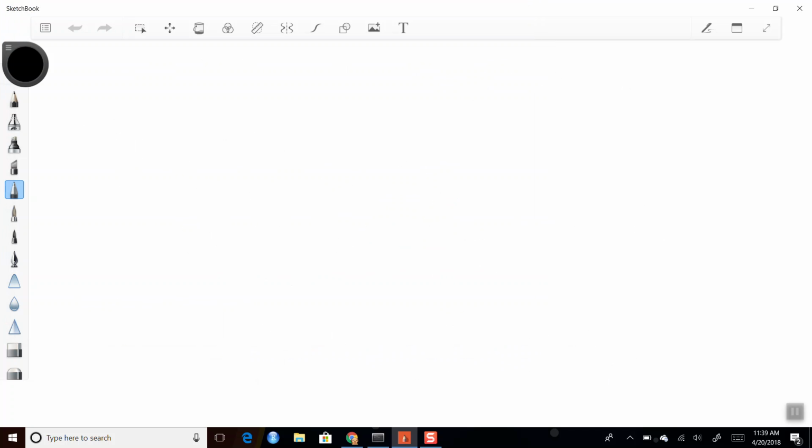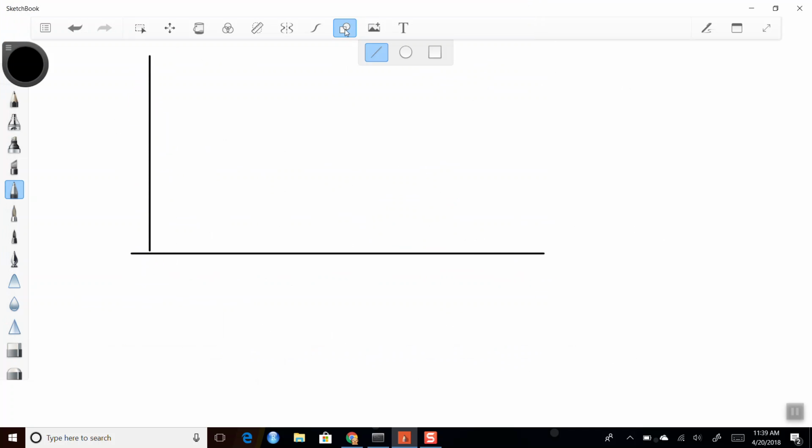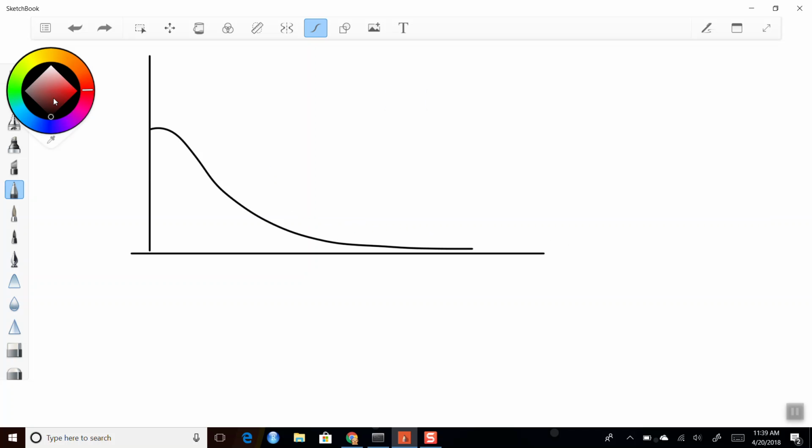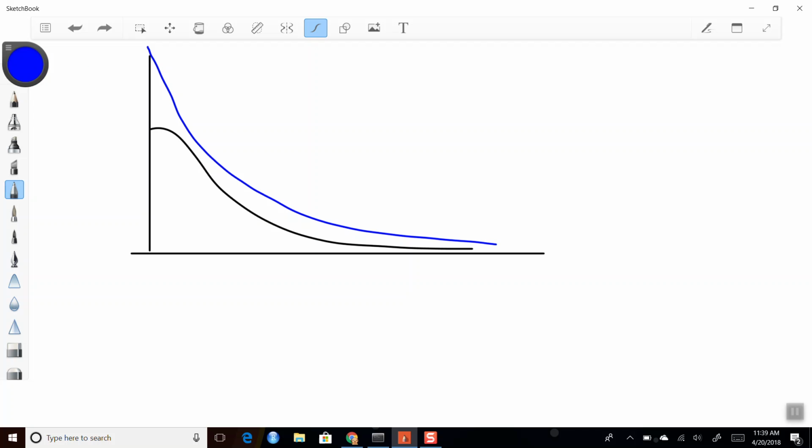So in our diagram, maybe we have a normal distribution like that, and maybe we've got the exponential distribution, something like this.